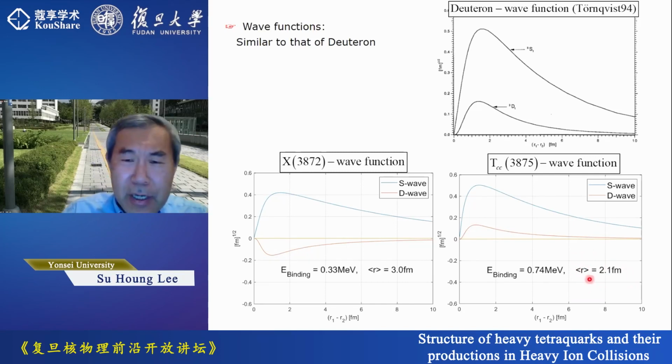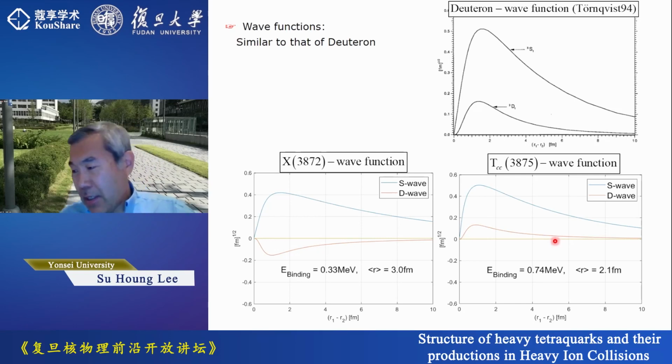So therefore, what we can conclude is the following. X cannot be compact, but is most likely a molecular configuration, large radius, very similar to the deuteron. And TCC could be compact, or could also be a molecular configuration.